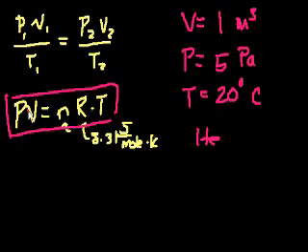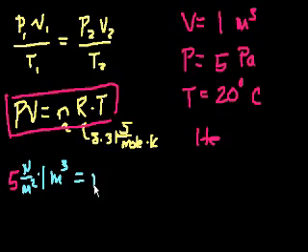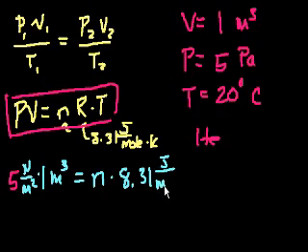So my question to you is, how many molecules of helium do I have in the balloon? Well, let's just substitute into the equation. So we have pressure, which is 5, and I'll actually write the units. I never do it, but you should, and you should always do it in an exam. 5 newtons per meter squared times volume, 1 meter cubed, is equal to my number of moles, N, times the universal gas constant, 8.31 joules per mole Kelvin, times temperature.